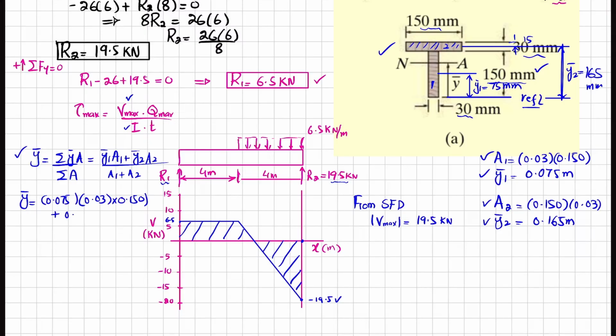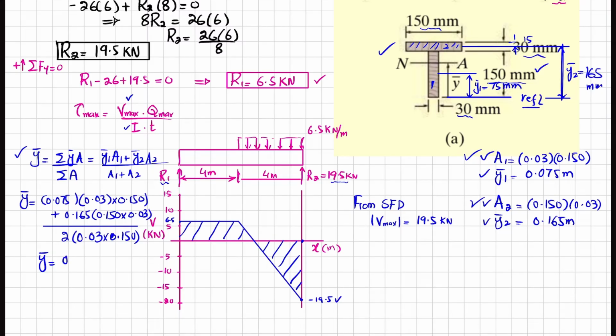Y2 dash is 0.165 multiplied by area is 0.150 multiplied by 0.03 divided by sum of all the areas. So area A1, you can see area A1 and A2 both are same. So I can just write it. I do not have space over here. So I can just simply write it 0.03 multiplied by 0.150.